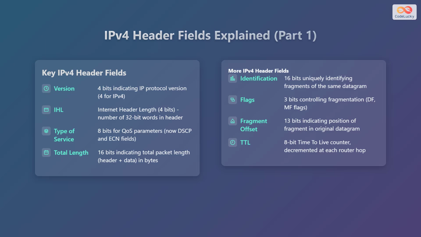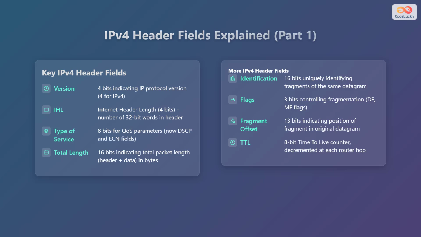Let's begin by understanding some of the key fields of the Internet Protocol version 4 header. The first field is the version field. It consists of 4 bits that indicate the Internet Protocol version being used, which is 4 for Internet Protocol version 4. Next, we have the Internet Header Length field. This field is also 4 bits long and indicates the number of 32-bit words in the header.